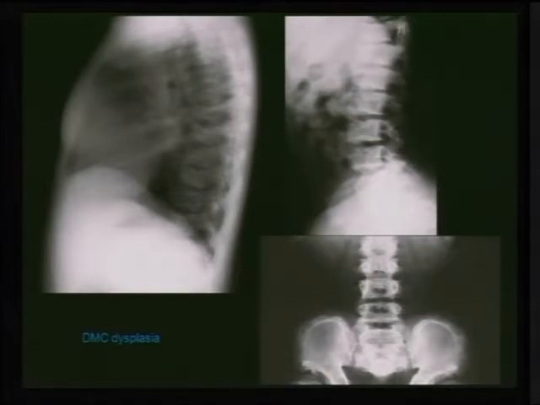If we do it before the fusion of the iliac crest, just look to the iliac crest. The iliac crest has a lace-like appearance. You don't see it in any other bone dysplasia. If this is associated with the end plate, which has multiple humps, this is diagnostic of DMC. What is DMC?